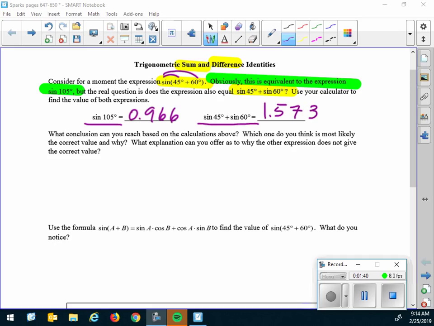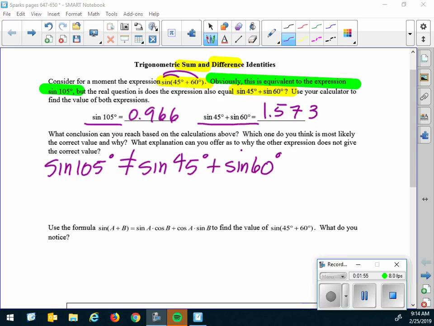What conclusion can you reach based on the calculations above? Well, I hope that you can reach the conclusion that the sine of 105 degrees is not equal to the sine of 45 degrees plus the sine of 60 degrees. Remember, when you see the sine of, let's just do it this way, x plus y, that does not mean sine times.